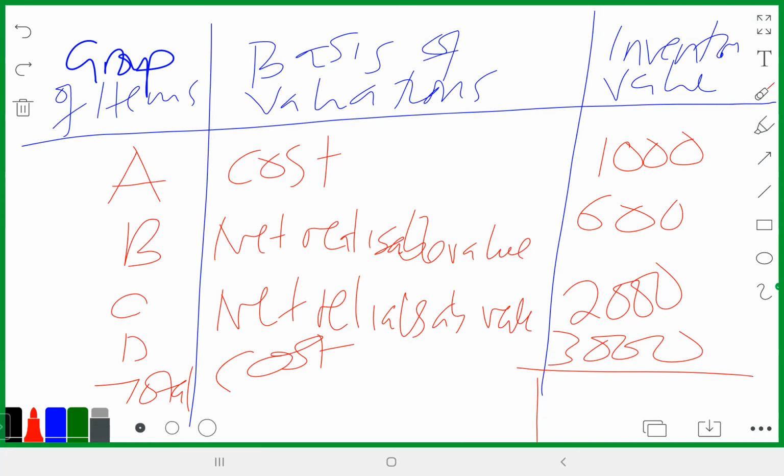And then we close by adding the inventories, the total sum of the inventories. Remember, the question is asking us to calculate the value of the inventories. So what's the value of the inventory? 100 plus 1,000 plus 600 plus 2,000 plus 3,000, which is 6,600. 6,600 as the value of the total inventories.